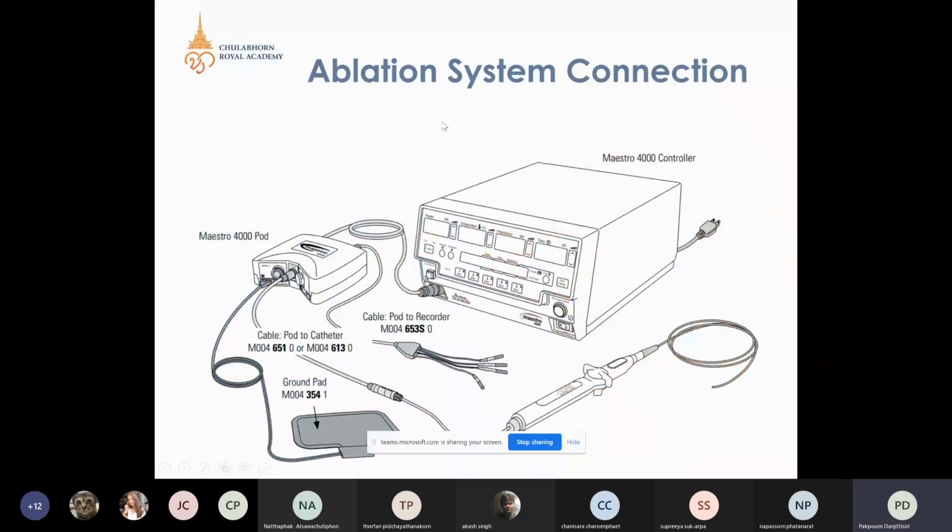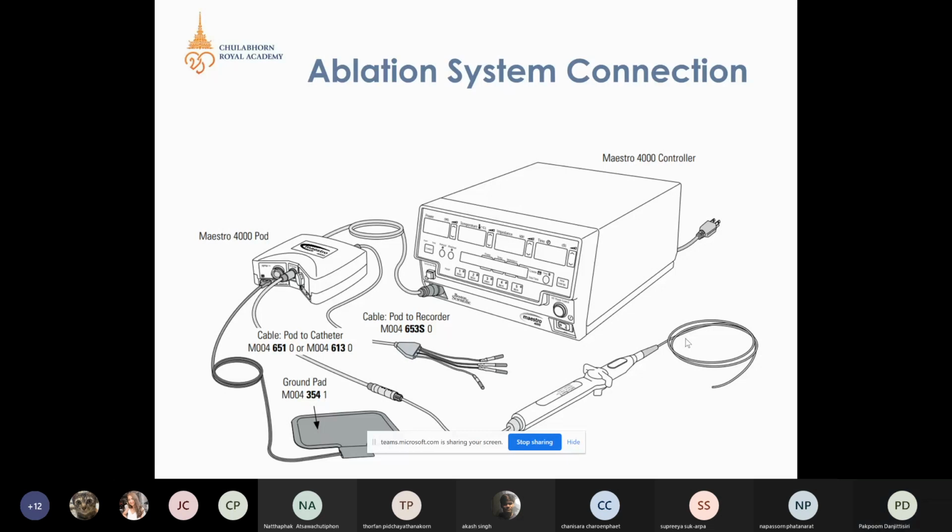Okay. From this slide, this is the ablation system, right? This is the ablation system that you can manipulate to control the power, the temperature, and you can see the impedance inside the heart, while the doctor uses the ablation catheter here, advanced or placed in the heart chamber.